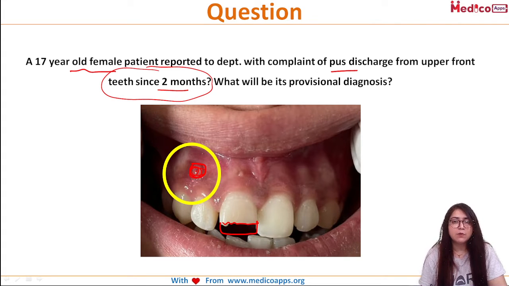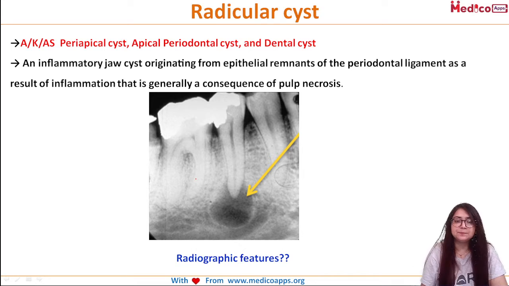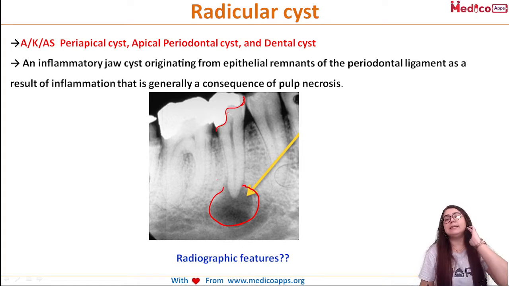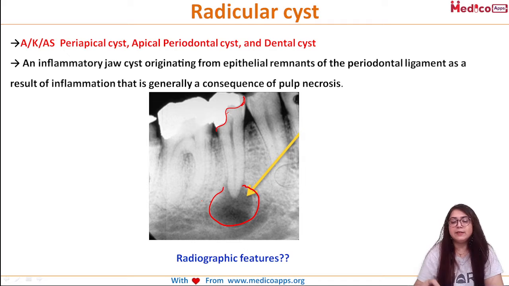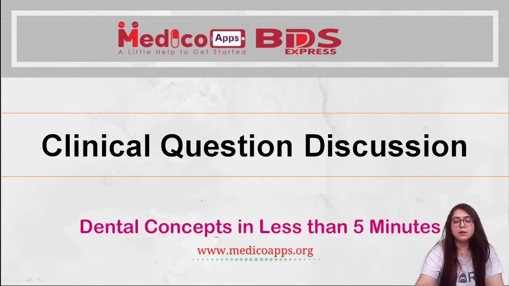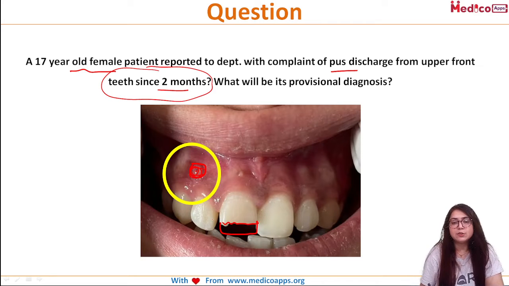A sinus is formed. Let's see this. So just don't look at the heading. You can just see what is this. And this is, you can say, radiolucency. So basically this is radicular cyst. In the previous image also, in this image also you can see that this is the fractured tooth and this is the sinus.